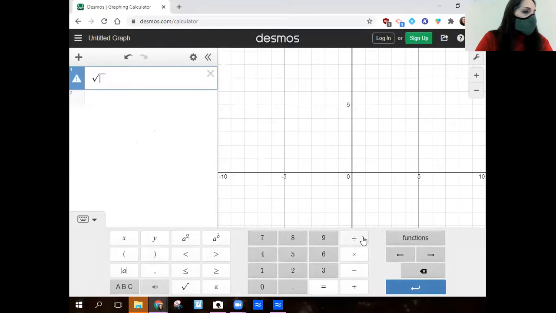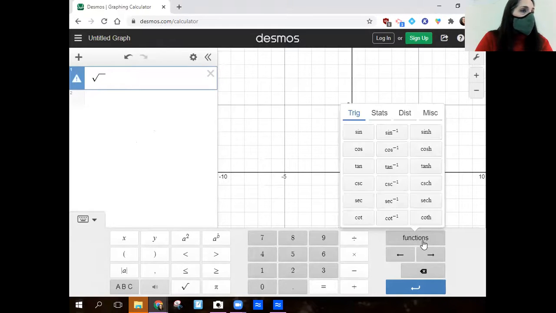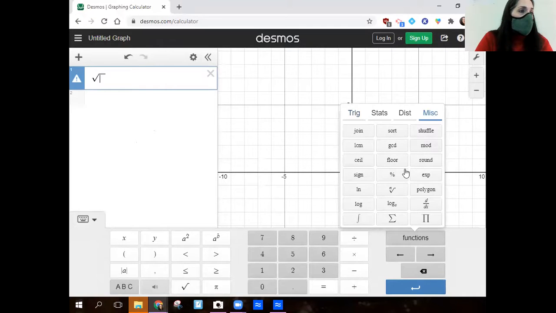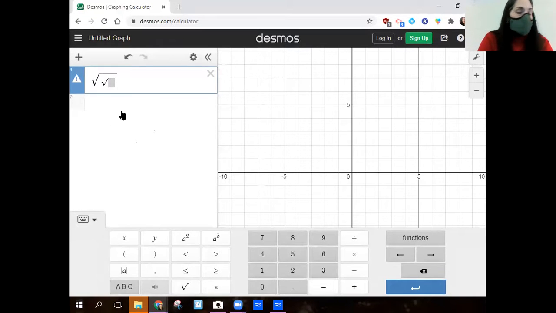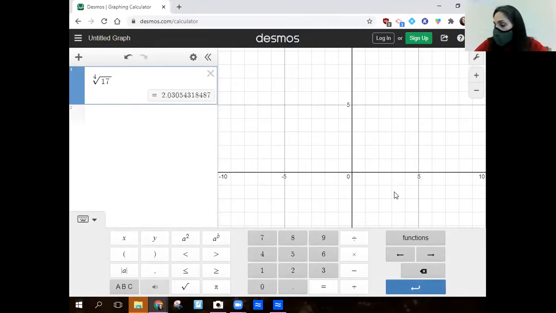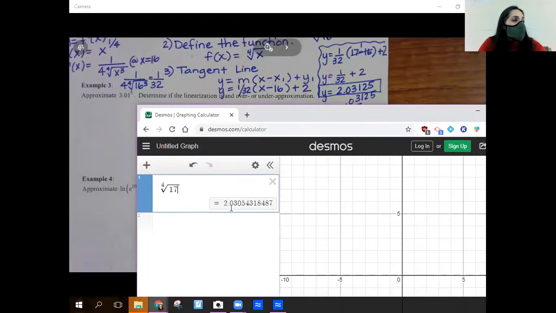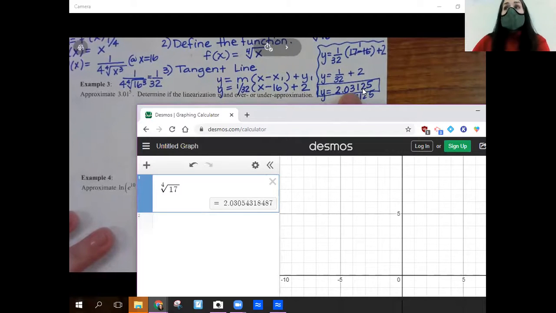All right, so fourth root of 17. 2.0305. So look how close we were. 2.0305, 2.03125. So notice our answer is an over approximation.